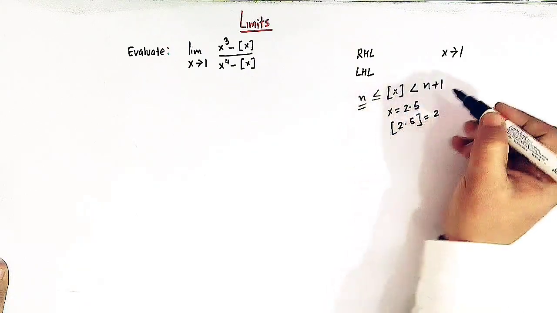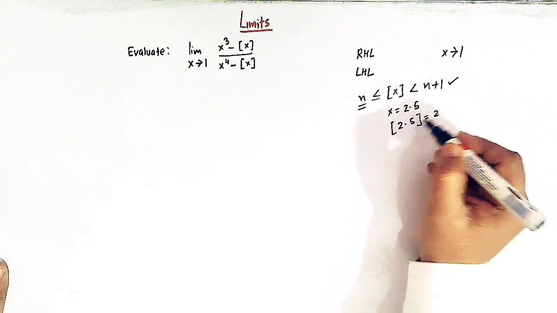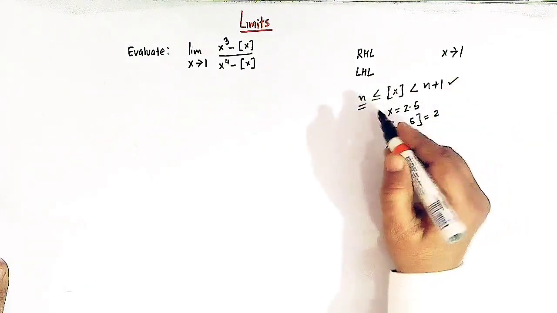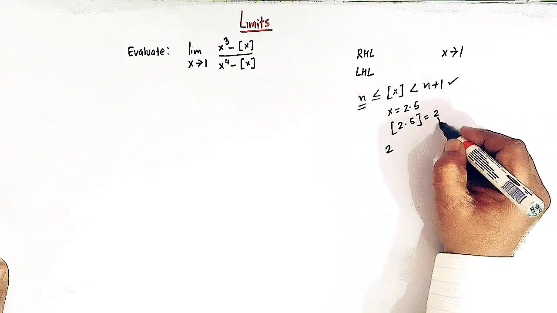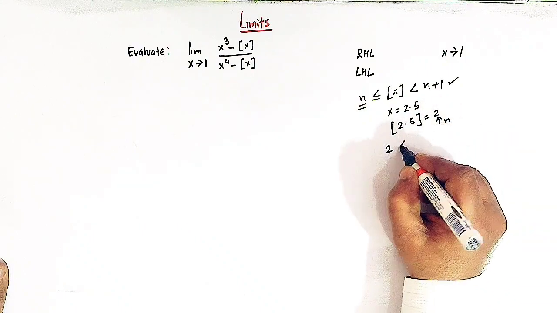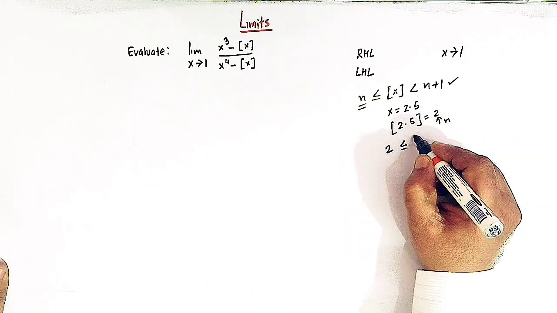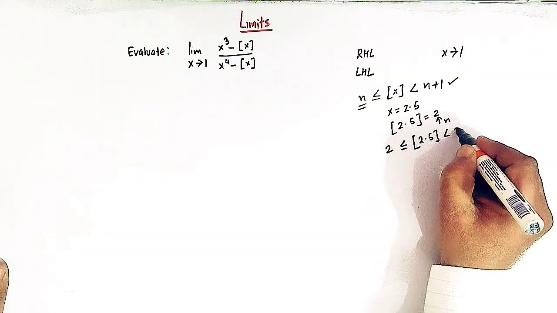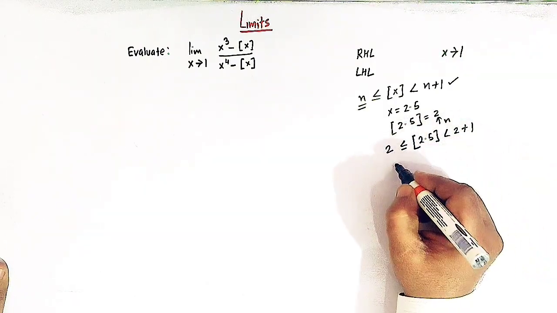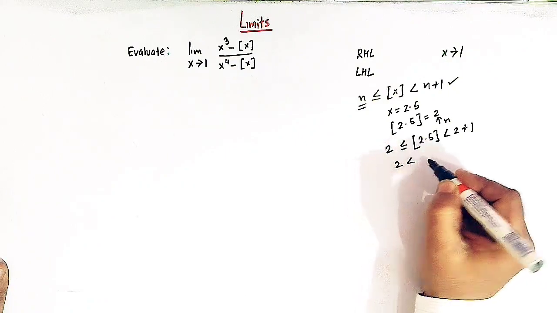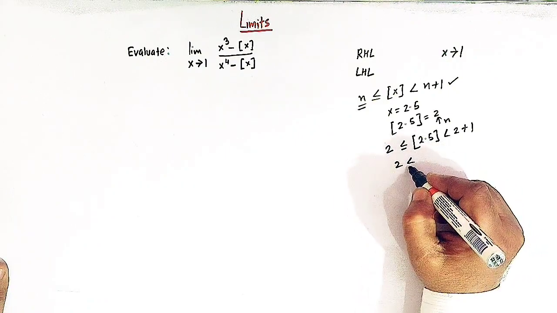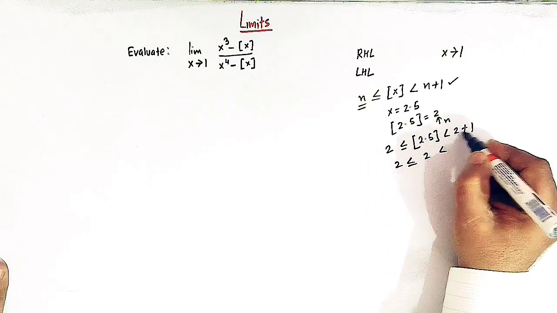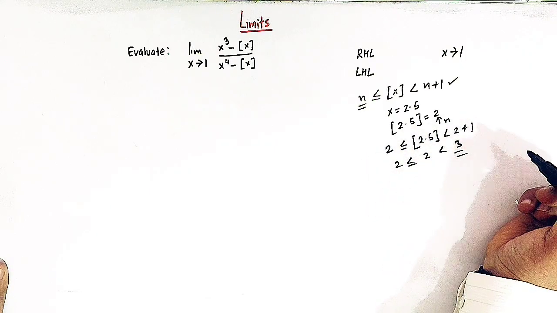We can use this inequality to illustrate this: n is 2, so we have 2 less than or equal to greatest integer of 2.5, which is simply 2, and less than 2 plus 1, that is 3.